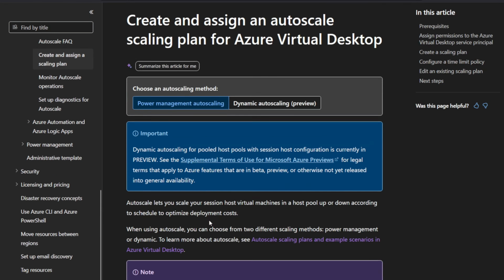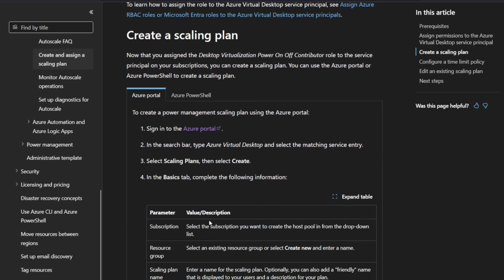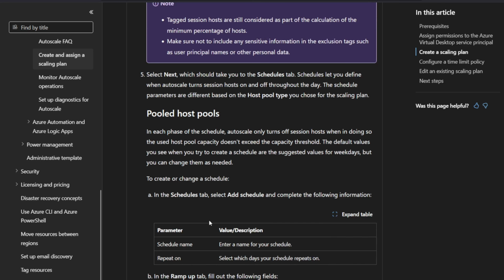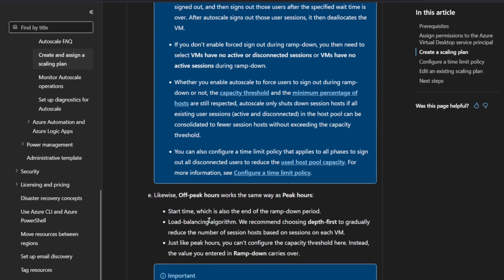With dynamic autoscaling, I believe it might still be in preview. They also make it very clear that you should not use autoscale and an alternate automation-based scaling method such as Azure Automation or Logic Apps on the same host pool. In other words, scaling needs a deliberate operating model, not a mix and match of overlapping automation methods that are essentially constantly fighting each other.